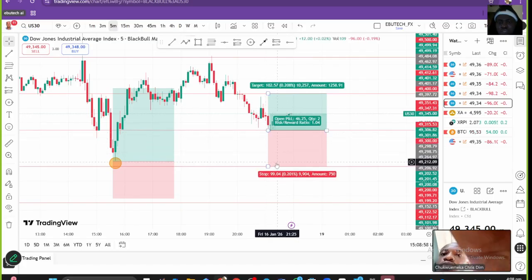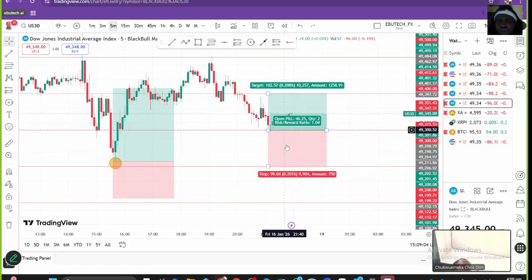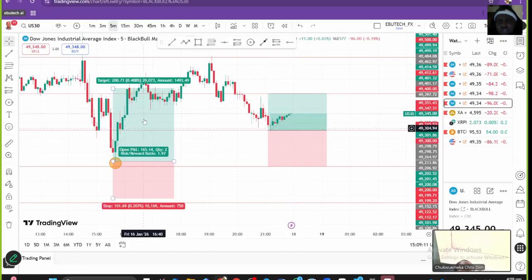You might lose that 100 pips. You might win that 100 pips. It is 50-50. This is called gambling.